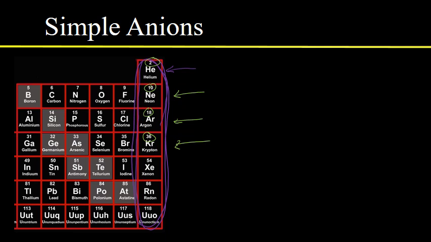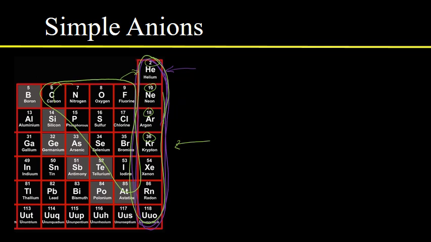So because these numbers of electrons are very stable, the elements over here, the nonmetals, tend to acquire additional electrons in order to get the same number of electrons as one of the noble gases.